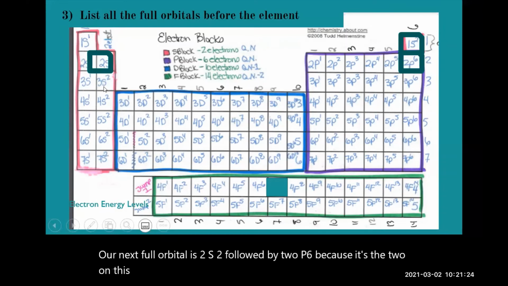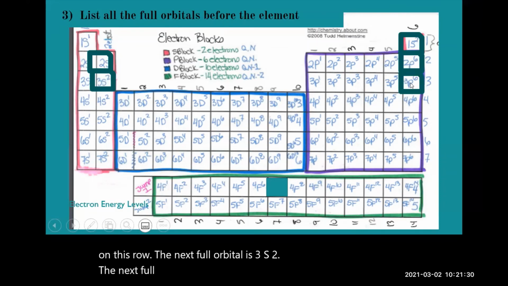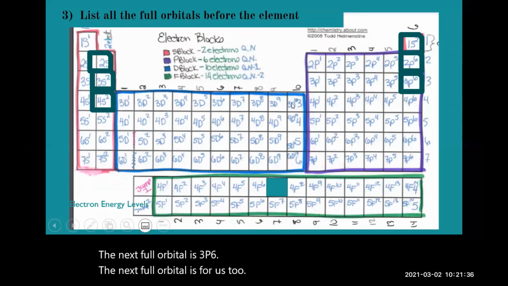The next full orbital is 3s2. The next full orbital is 3p6. The next full orbital is 4s2. Then you go to 3d10, then you go to 4p6.